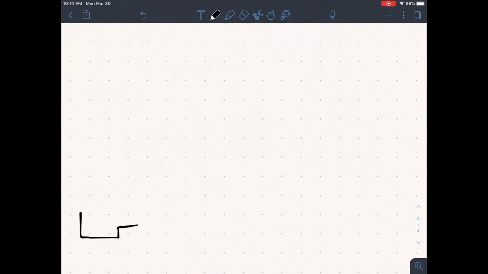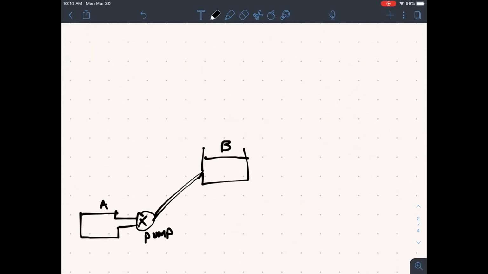We've got a reservoir, and it goes into a pump, and goes up to another reservoir. Our energy grade line, we'll do that in green, goes to the pump, and it comes down a little bit in that pipe, then hits the pump, and goes back up, and then it comes down to hit the water level of the next reservoir. So this pump is pumping the water up.